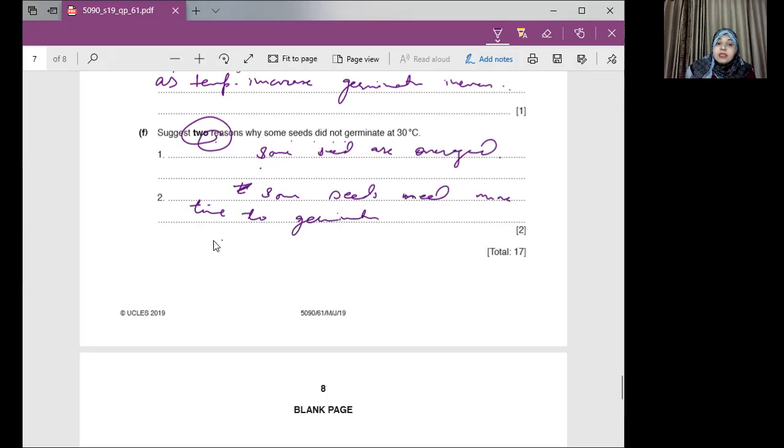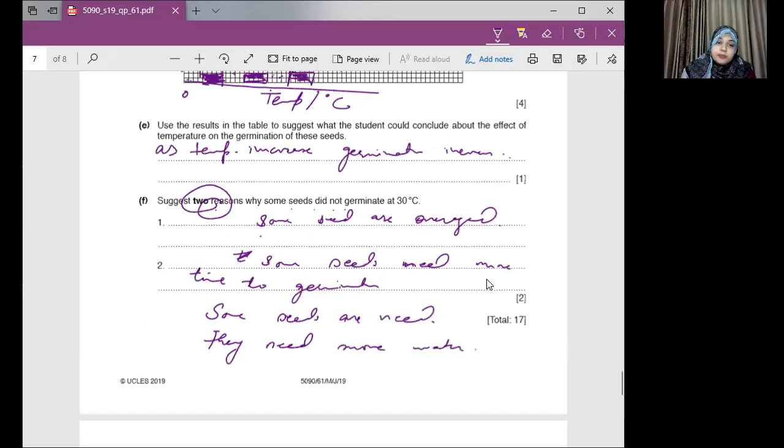Maybe some seeds are dead, or maybe they need more water, right? So it is a suggestion, you can write any 2 points.